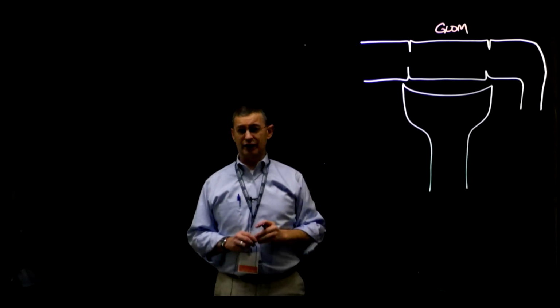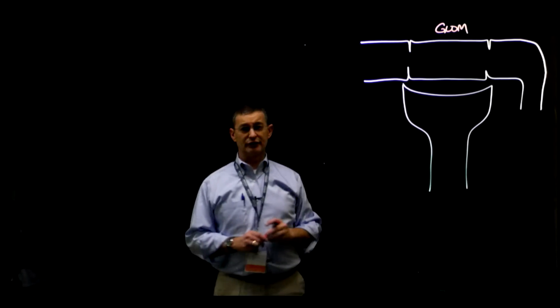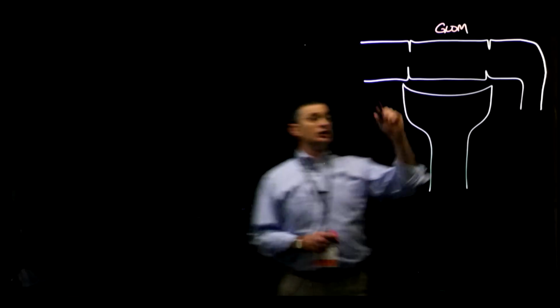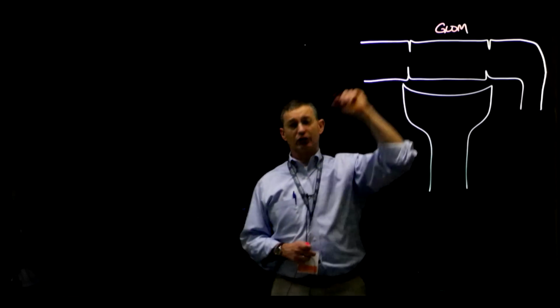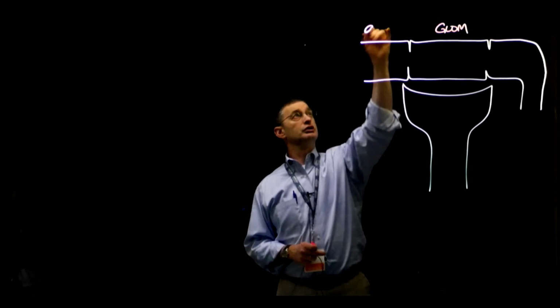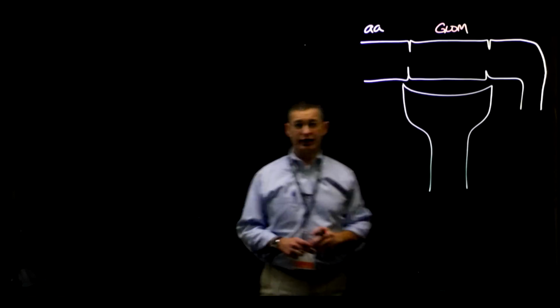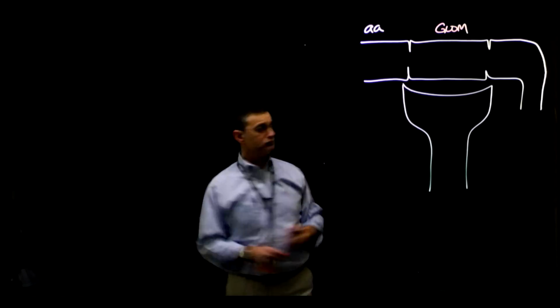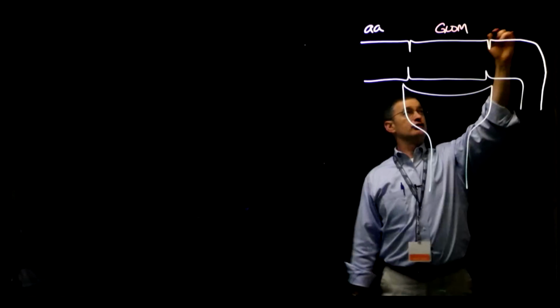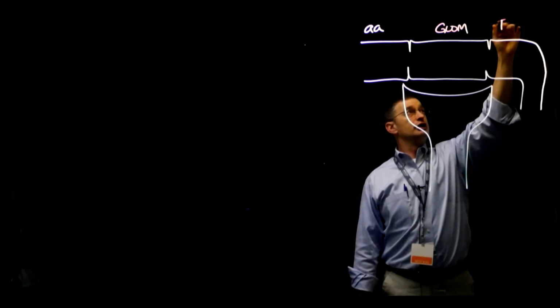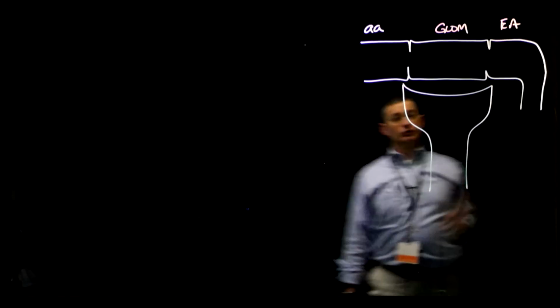So the glomerular capillaries will form that basic system. However, they are different because they are surrounded on the afferent side by an afferent arteriole. And after the capillary, there is actually an efferent arteriole.